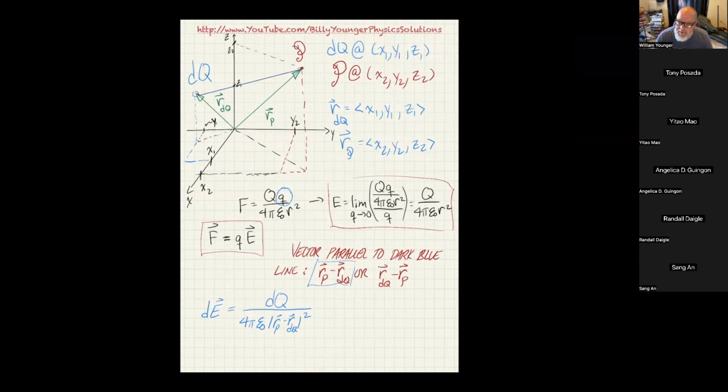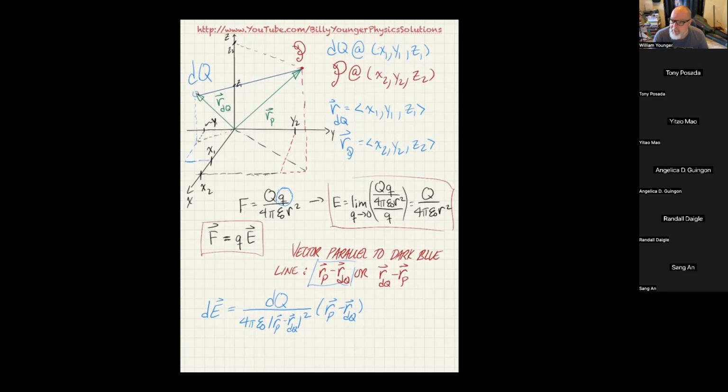If I could multiply that scalar times a vector, then I'd have a vector. So you might think, well, let's just multiply this by r_P minus r_dq.